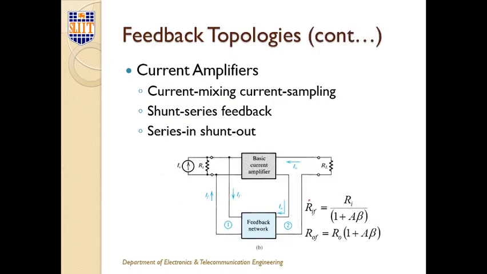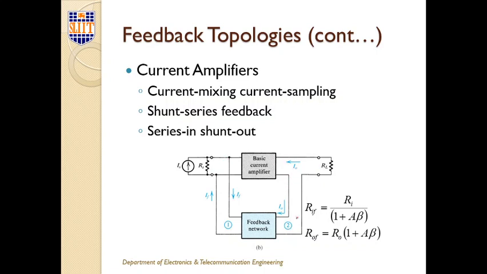Then you have the current amplifier, where you have current mixing, current sampling. Now in here you can see that it is the current that you actually measure. Current to the load is what is measured in the feedback network, and what is connected is actually a current. So current mixing, current sampling, this is mixing, this is sampling.